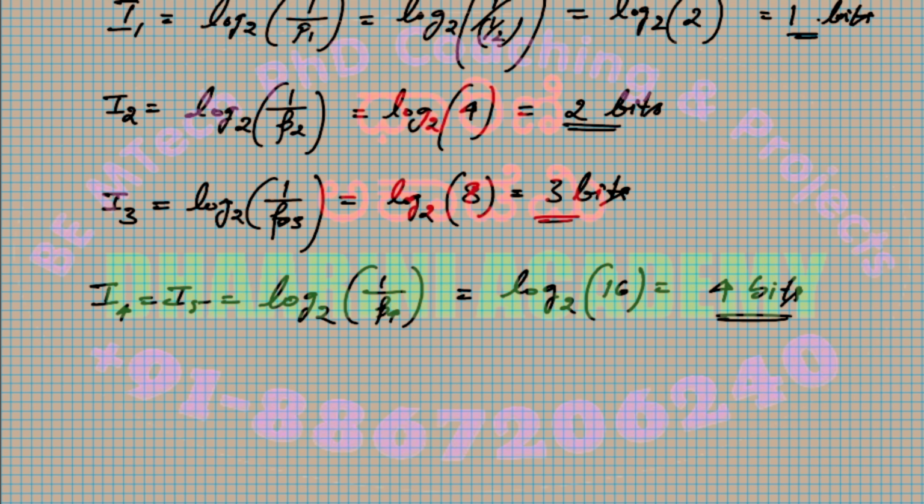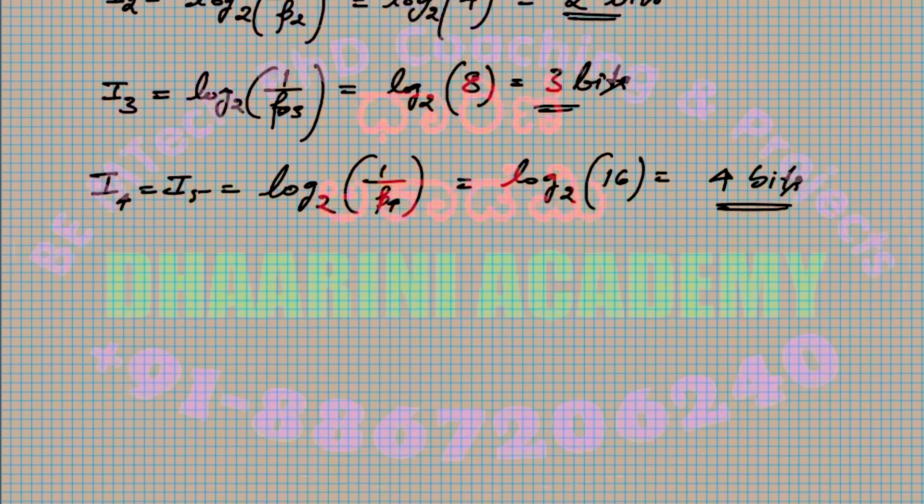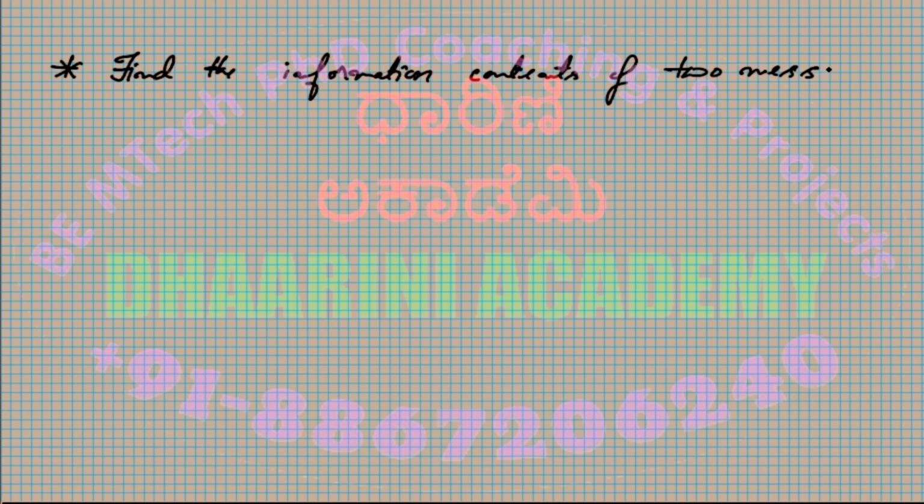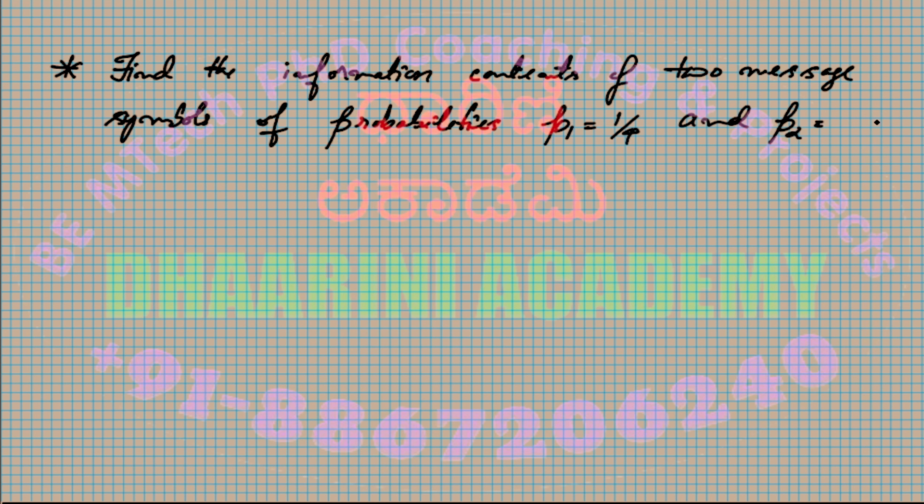Okay, so the next question is: find the information contents of the two message symbols of probabilities P1 equal to 1 by 4 and P2 equal to 3 by 4.